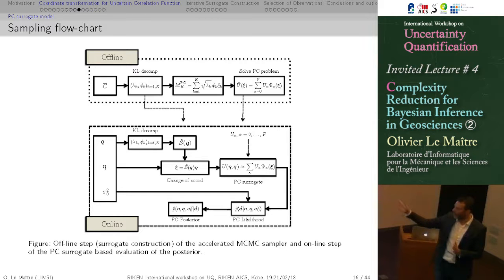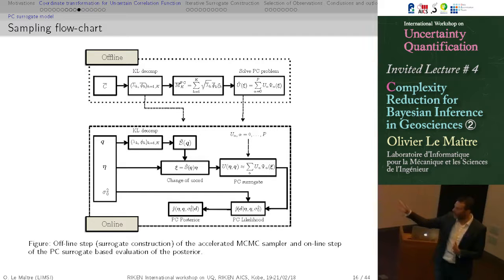And here's what we have actually now in terms of flowchart for sampling the problem. So first you have an offline stage where you select your reference covariance. You perform the KL decomposition, so this gives you reference eigenvalues and eigenvectors that will be used to define the transformation, actually. Then you solve the polynomial chaos problem to get the surrogate model of your model predictions. Okay, and now when this is ended, you enter the sampling stage where you propose values of the hyperparameters, coordinate, and noise intensity.